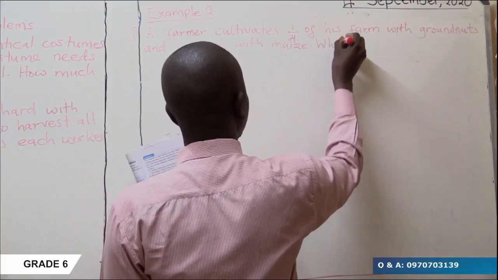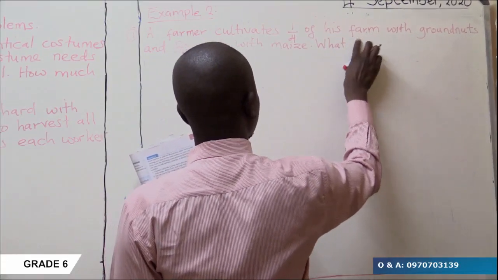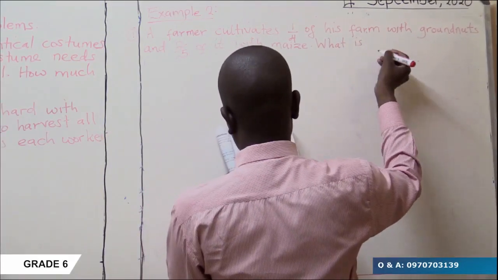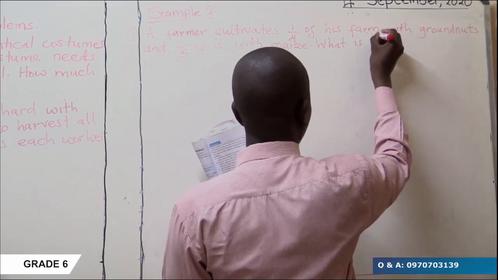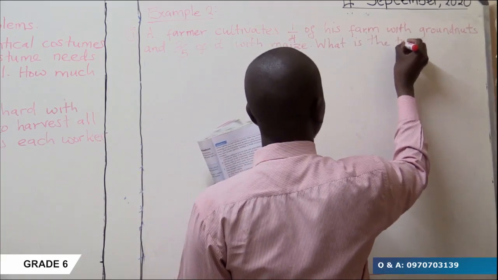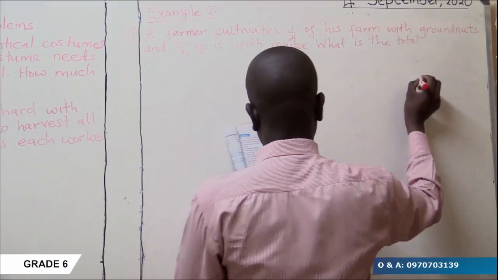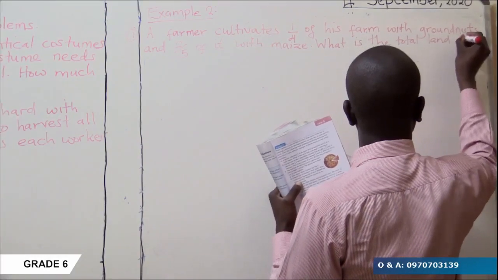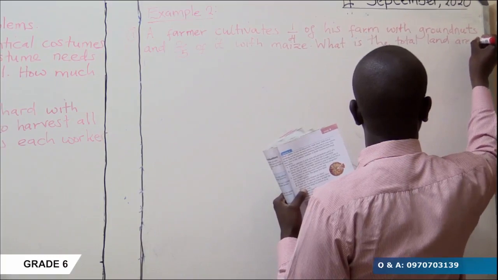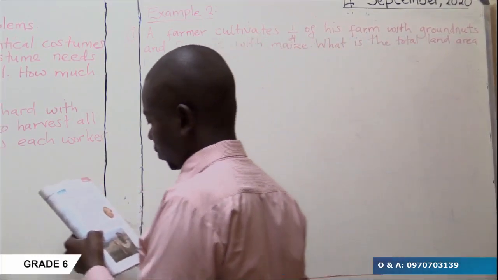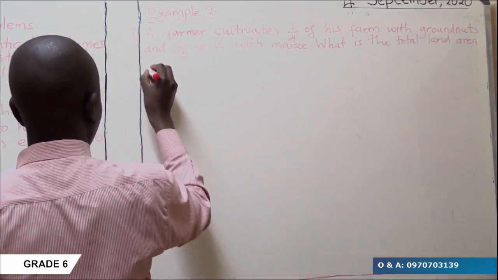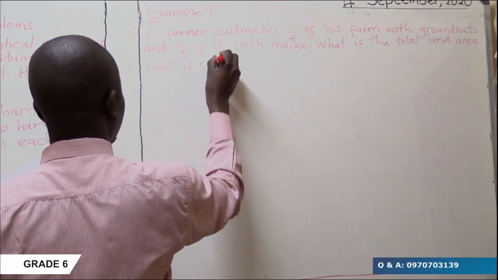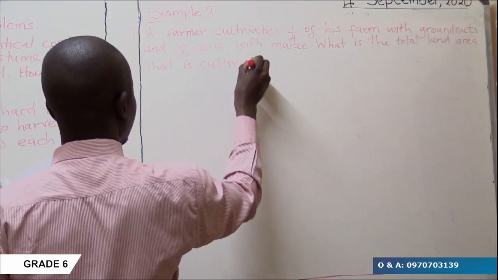What is the total land area that is cultivated?